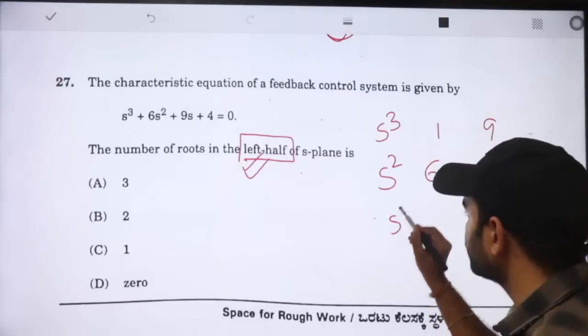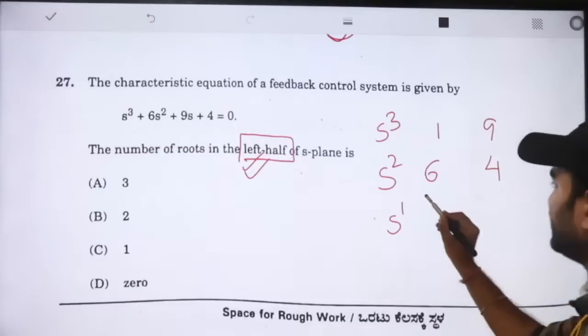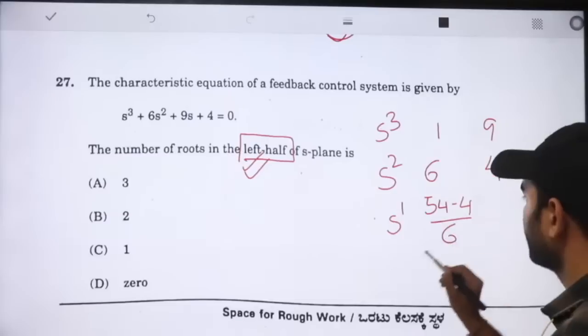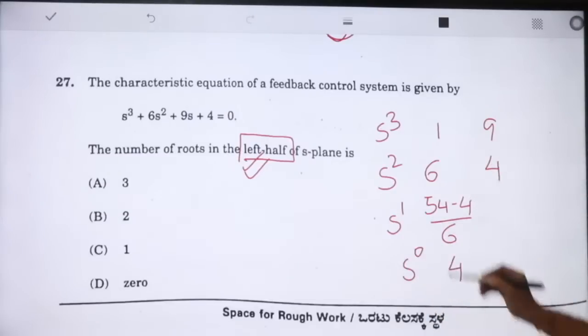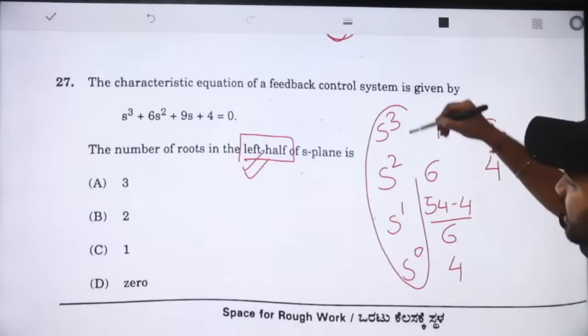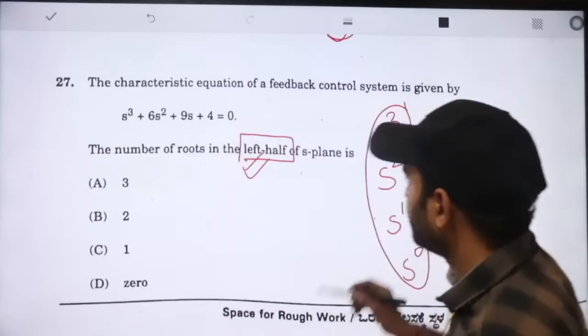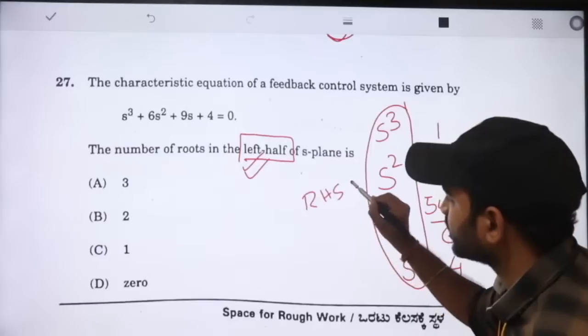Next, s to the power of 1 is (6 into 9 minus 4) divided by 6, that is 54 minus 4 divided by 6. S to the power of 0 is directly 4. So there are no sign changes in the first column of the matrix. Whenever no sign changes happen, the number of roots in the right half of the S plane is 0.